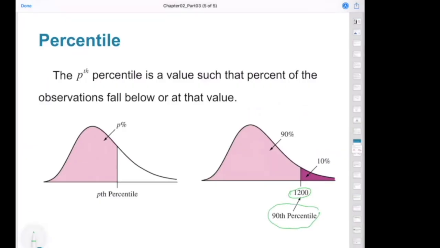That means 90% of the test scores are below or at 1200, and the remaining 10% is above 1200. So from this percentile here, we have a shape of the data, and also we have a position for this number, 1200.